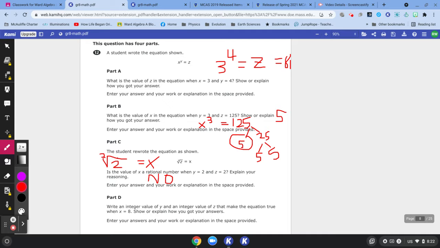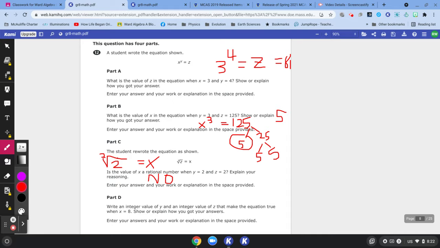Part D, write an integer value of y and an integer value of z that makes the equation true when x is 8. Okay, so I'm assuming we're referring to the first equation at the top. And that's a little bit of an ambiguity in this situation.